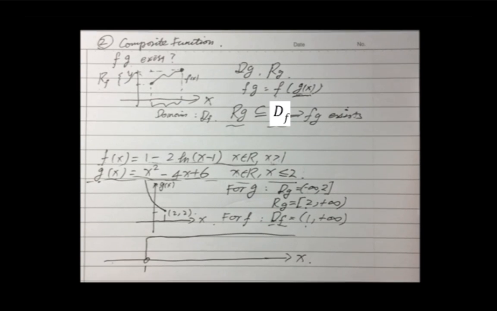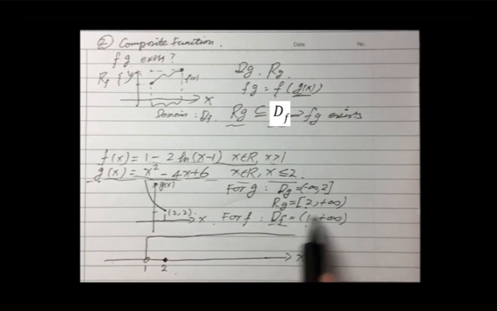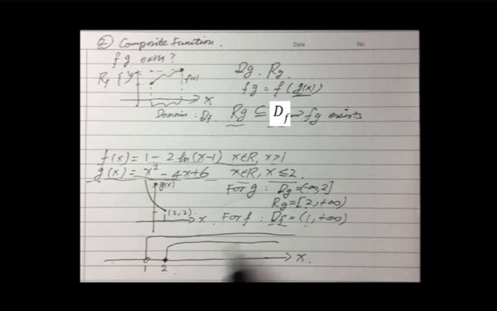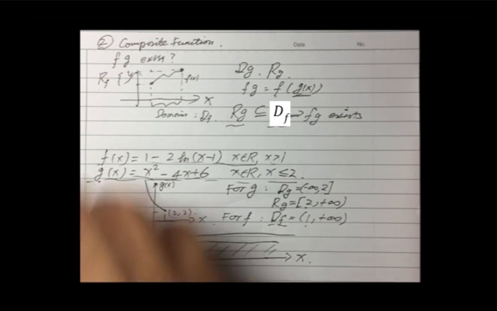And Rg is 2, inclusive, so I draw a black dot, all the way to infinity. Rg is this.